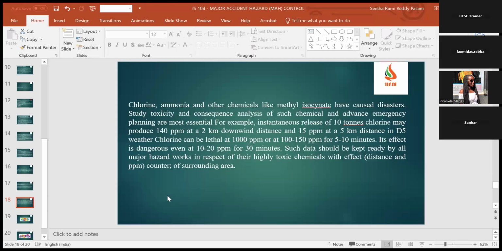For example, an instantaneous release of 10 tons of chlorine may produce 140 ppm at 2 kilometers. In case of any 10 tons of chlorine leakage, it can create 140 ppm at 2 kilometers.